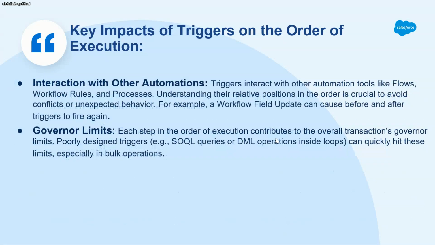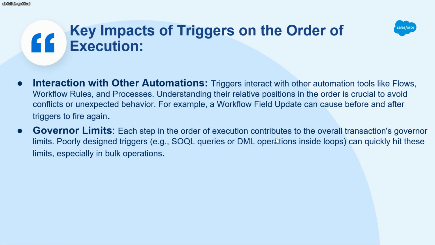Another thing we have been looking into for a couple of years: let's say there is a contact object, and a company did a lot of work on their contacts. Their business has huge automation on the contact object. There are scenarios where record-triggered flows are written on the contact, and an Apex trigger is already written on the same contact.